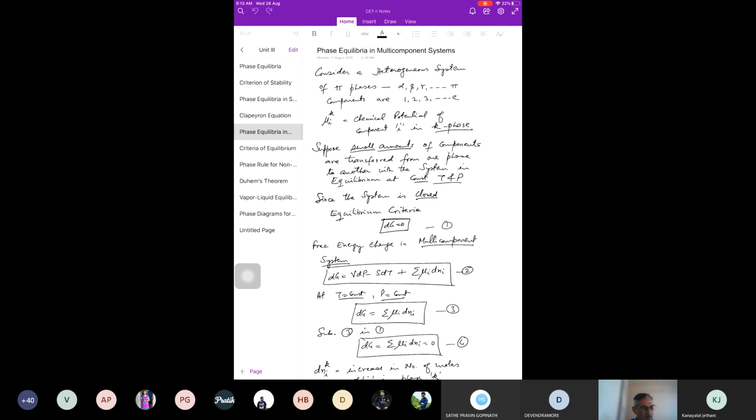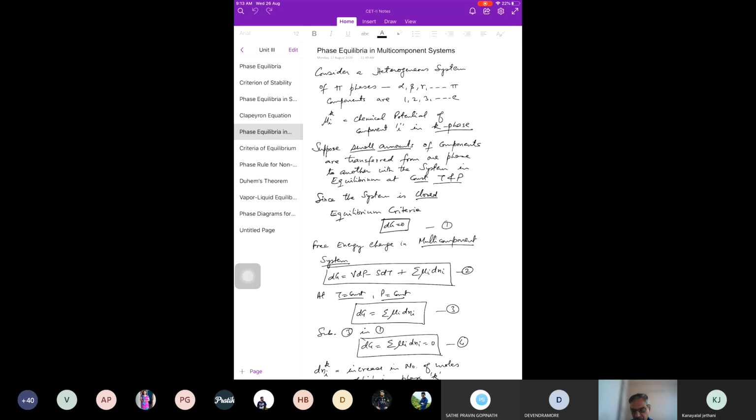Okay, so consider a heterogeneous system of pi phases. Pi could be any number, and these phases are alpha, beta, gamma, delta, etc., till pi. This is a general derivation, but generally we have a maximum of 2 or 3 phases.